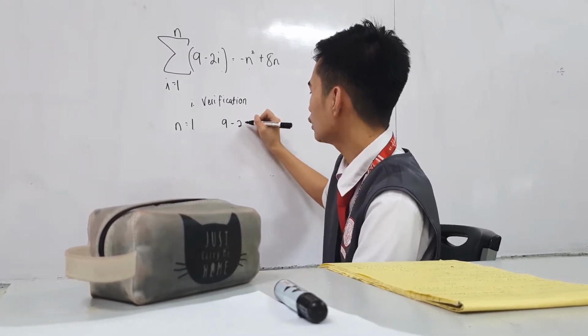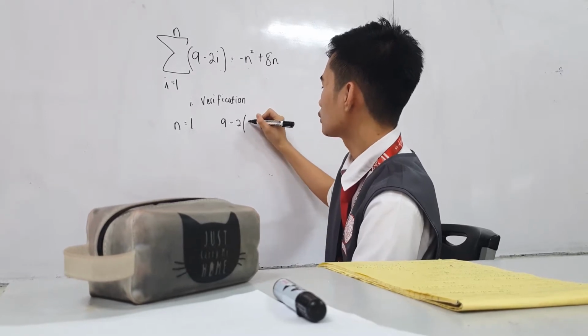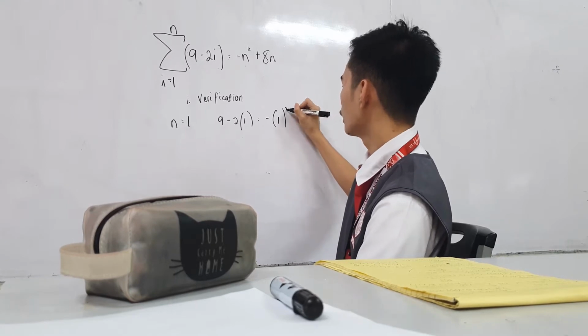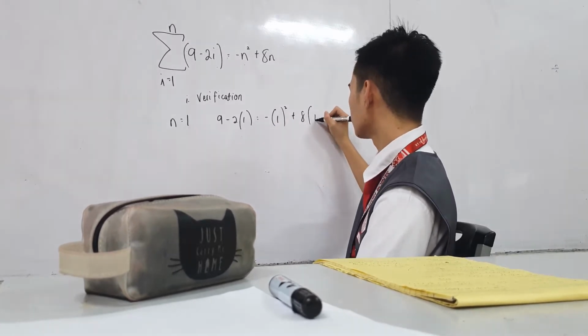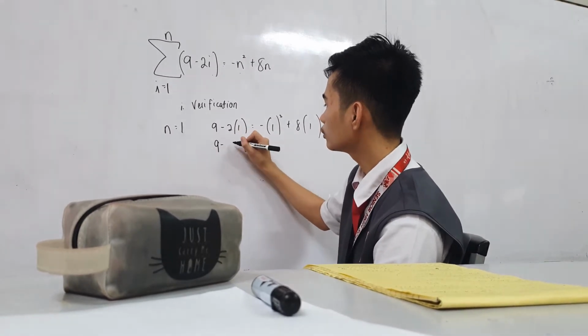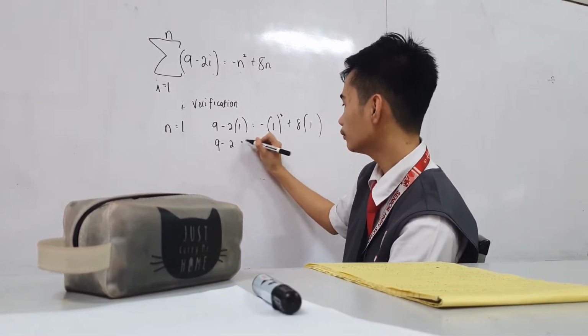9 minus 2 times 1 is equal to negative 1 squared plus 8 times 1. Do the math. 9 minus 2 times 1 is 7.